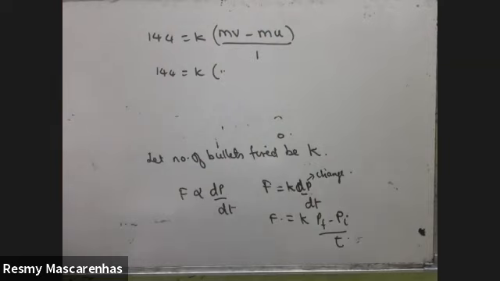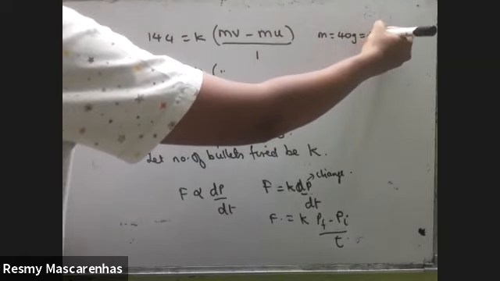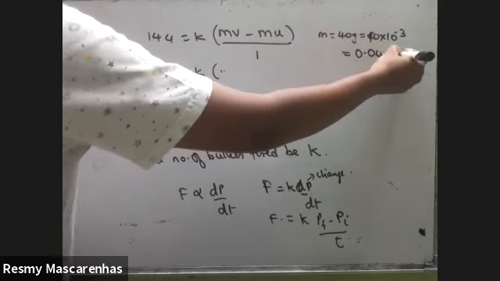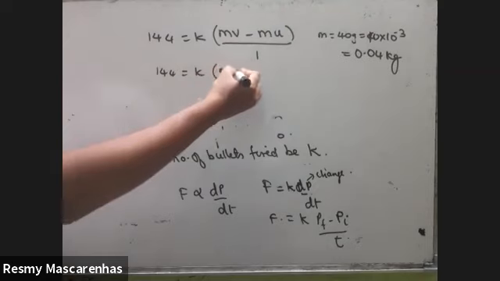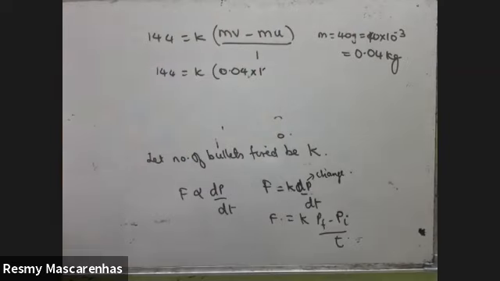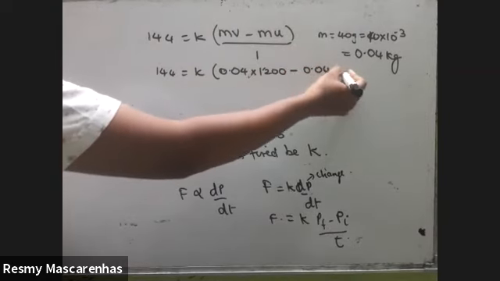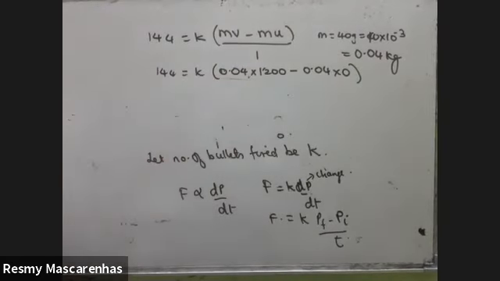Convert to kg: 40 grams will be 40 into 10 raised to minus 3, so in decimal 0.04 kg. In terms of kg, we have to take. So this will be 0.04 kg into 1200, which is your velocity. Again 0.04, u is 0, initial velocity upon 1. Anyway, 1 will go because anything divided by 1 stays the same.